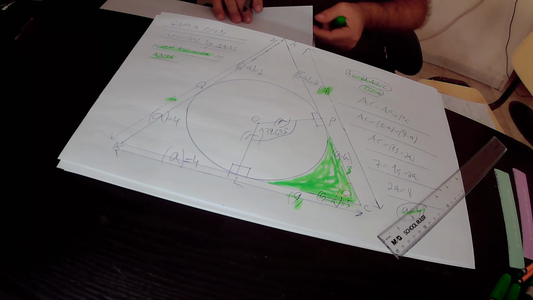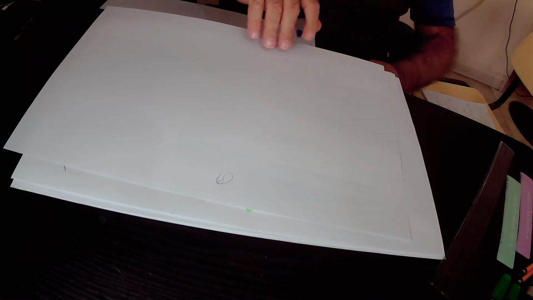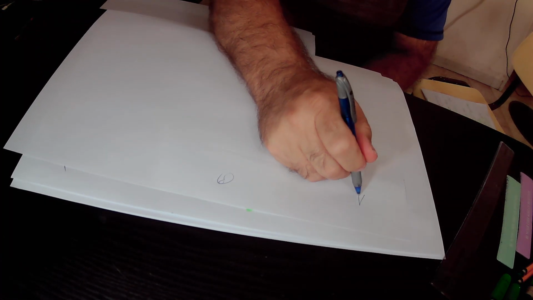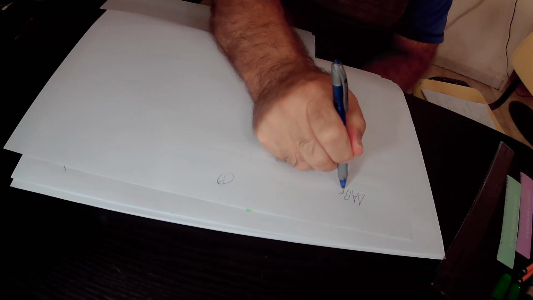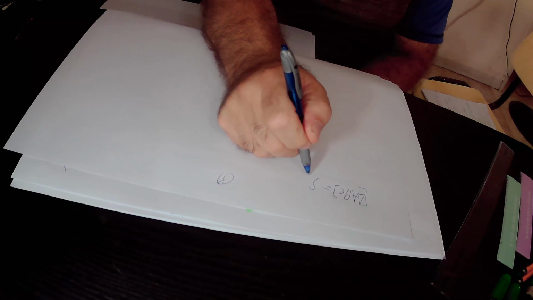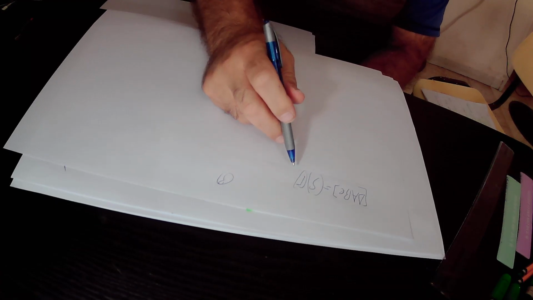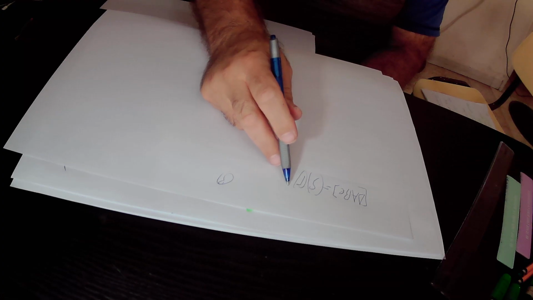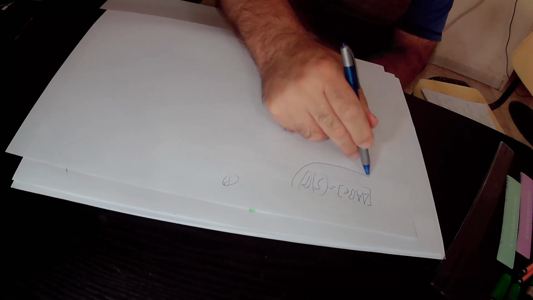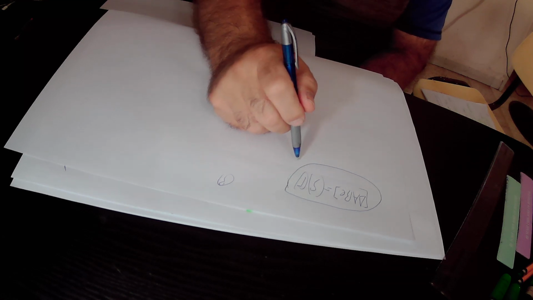According to the special formula, the area of a triangle that circumscribes a circle is equal to S times R. S is the semi-perimeter of the triangle, and R is the radius of the circle inscribed in the triangle.